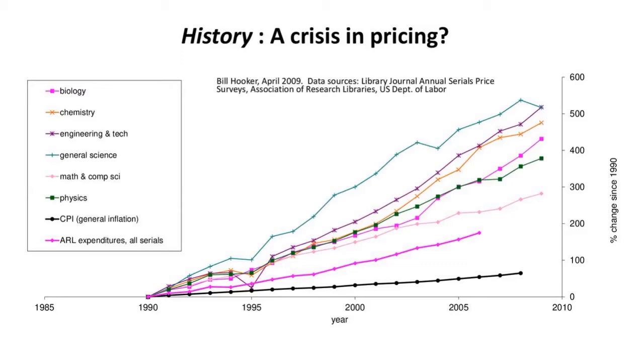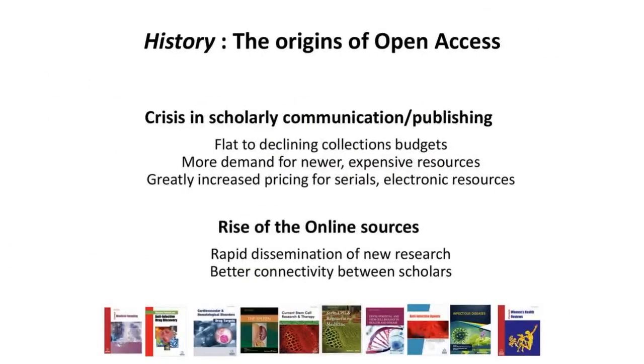So a crisis in pricing was seen throughout the 1990s into the mid-2000s, and this correlated with the rise of the internet, led to a rise in online sources and the origins of the open access, open research movement. So we saw flat to declining collections budgets, more demand for newer, expensive resources around the world, and publishers charging greatly increased prices for serials and for electronic resources.